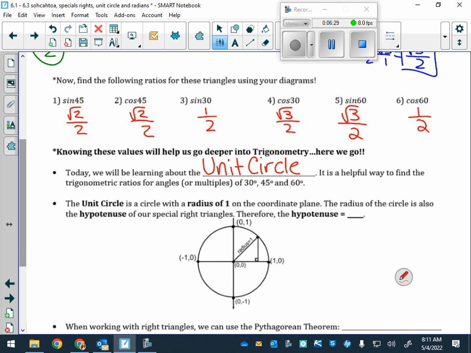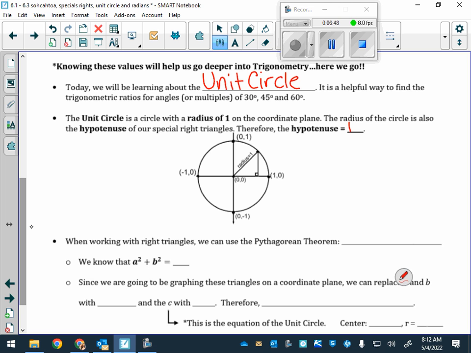A circle is 360. We are going to have a radius of 1. Therefore, our hypotenuse is 1. Hence is why we did those two triangles above. So all the way around, our radius is going to be 1.